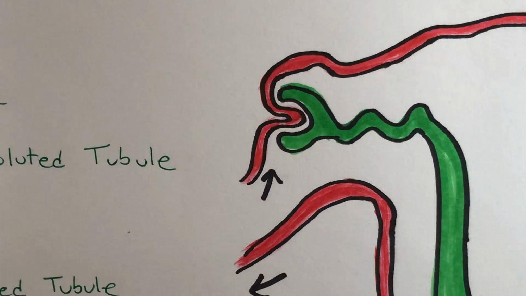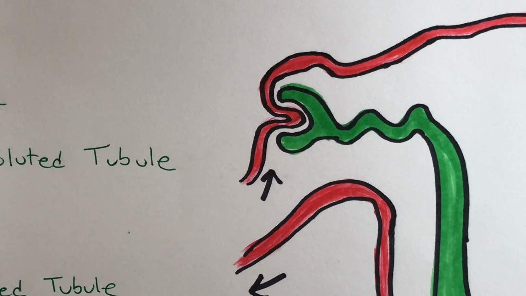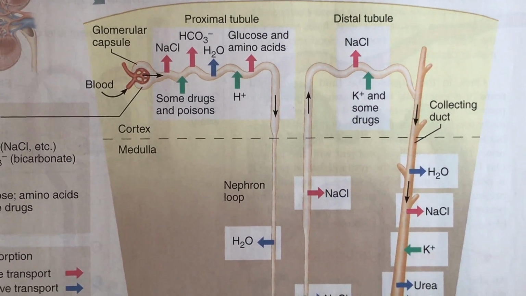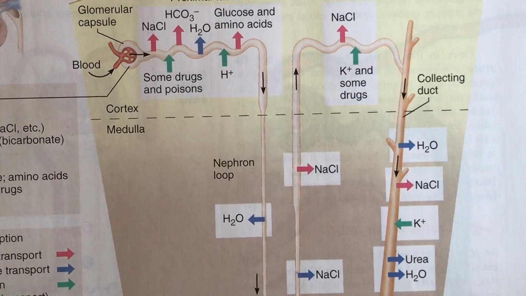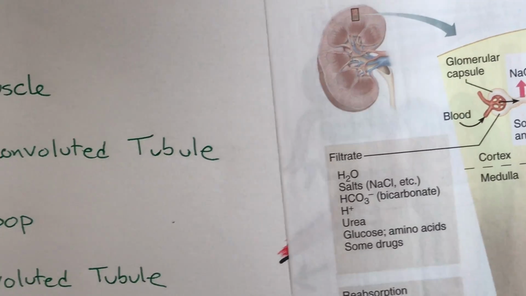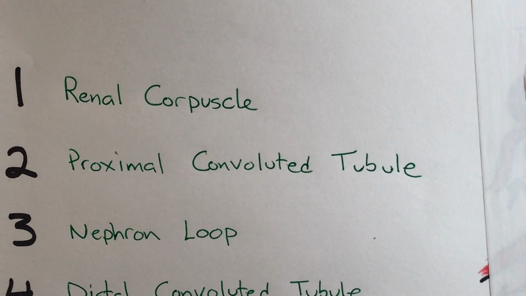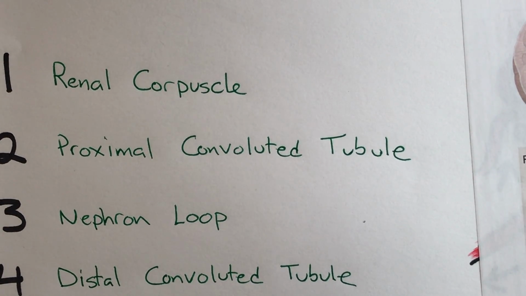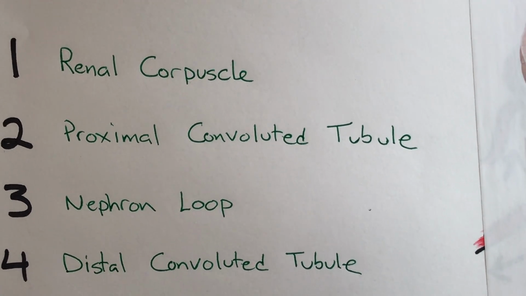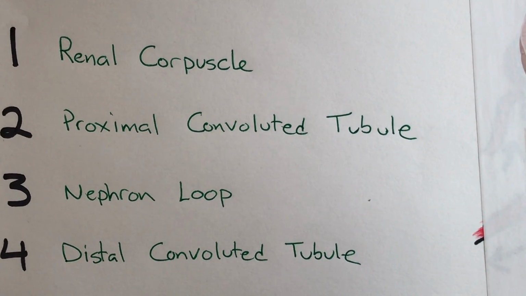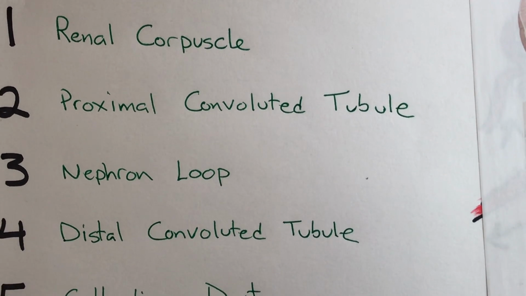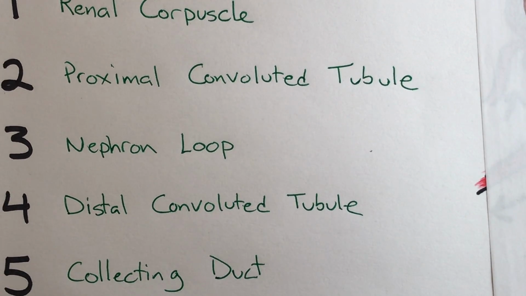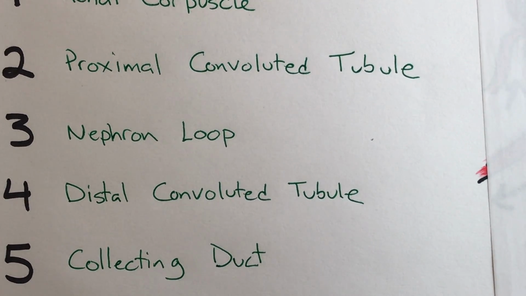So when we take a look at this nephron, we find that it has three general parts. There's first the renal corpuscle, the proximal convoluted tubule, or the PCT, the nephron loop, which has two parts, the descending and the ascending, and the distal convoluted tubule, or the DCT, and then finally the collecting duct.